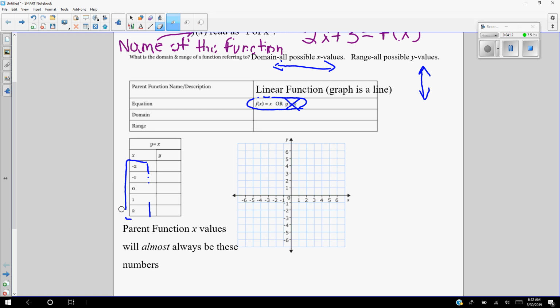So we're going to substitute those values in for x in our input, and they're going to output a y value. So of course, if x equals -2, so does y. And this one's pretty easy because since the equation is y equals x, the y coordinate is going to just equal whatever the x coordinate is.